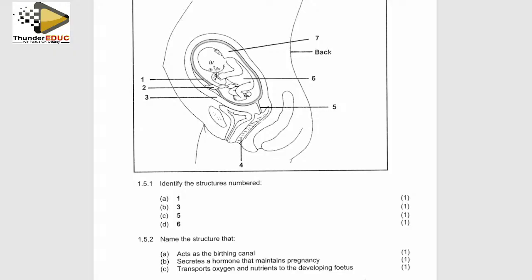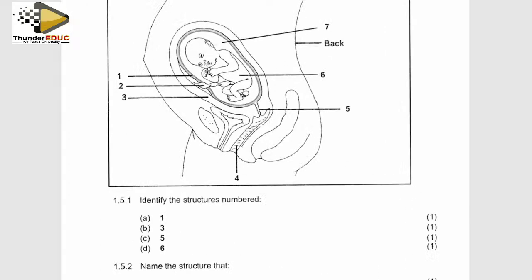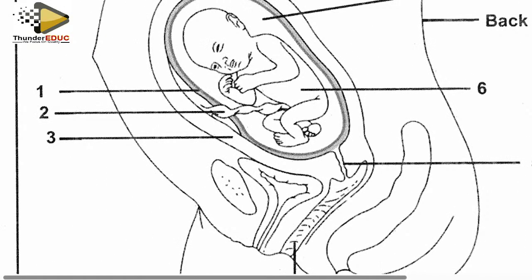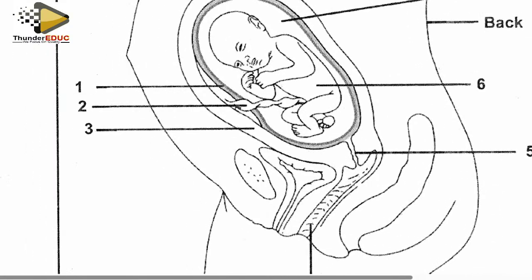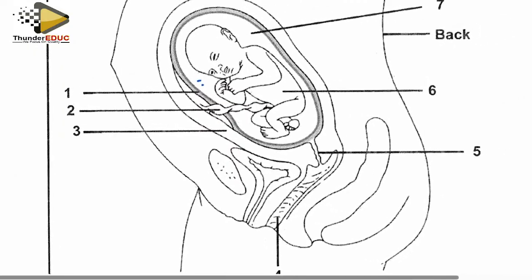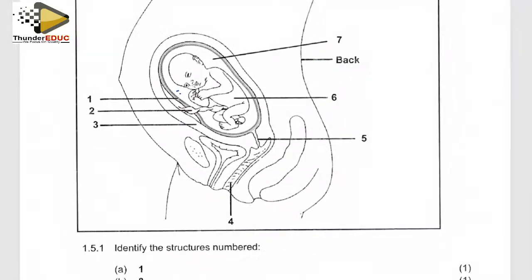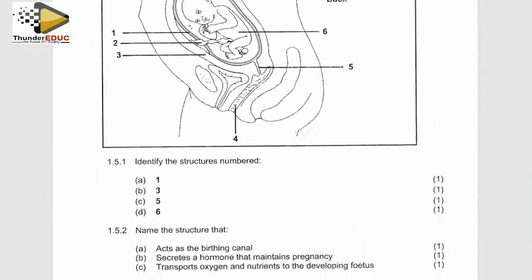Yeah, if you follow it up, it looks to be amniotic sac. I don't know whether they are pointing straight here because it is in the middle. It looks to be amniotic sac because this is the amnion, and then a layer just outside there, it looks to be amniotic sac.